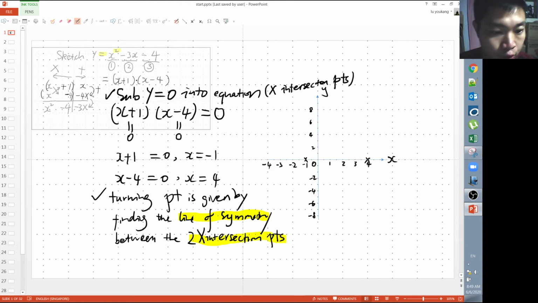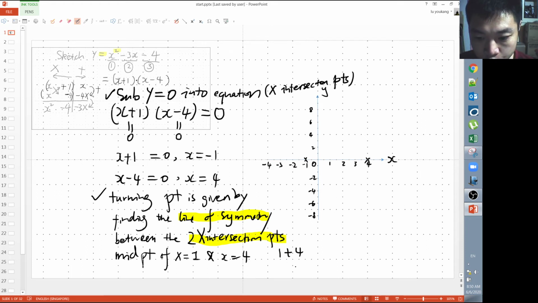You can do it by finding the midpoint of x equal to 1 and x equal to 4. How do you find the midpoint? It is given by 1 plus 4 divided by 2, which gives you 2.5.